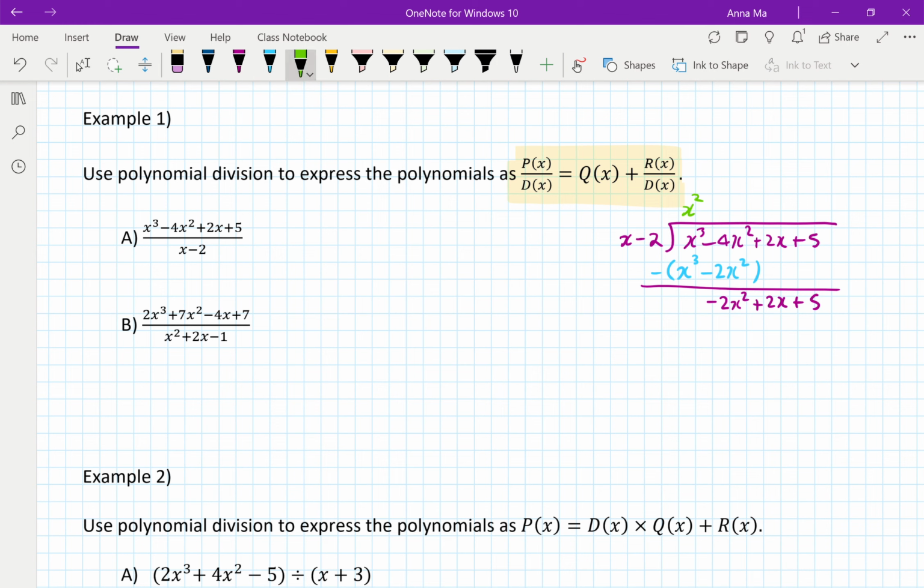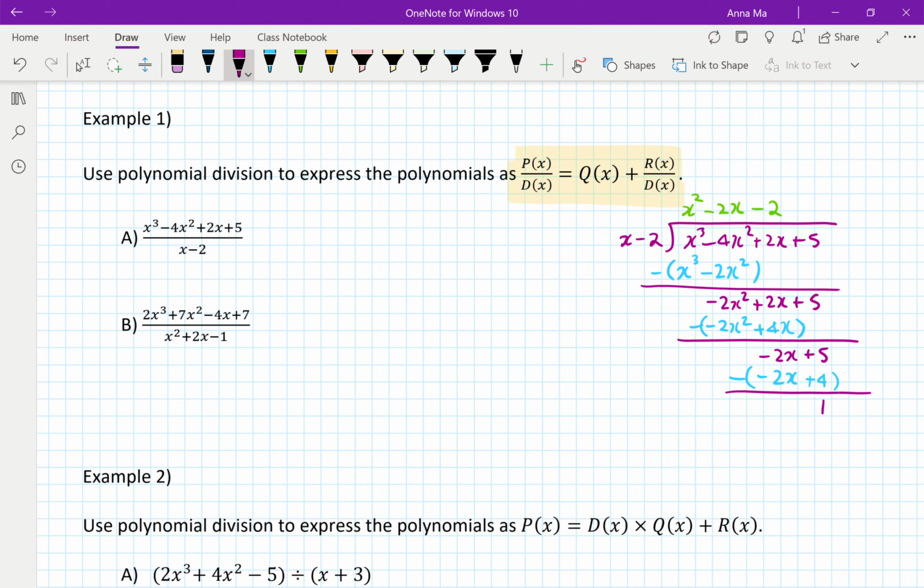Matching to negative 2x squared, I need negative 2x, giving me negative 2x squared plus 4x. Subtract it away. You will get negative 2x plus 5. Last one, I need to multiply by negative 2 to get negative 2x plus 4. Subtract it away. I would get a 1.